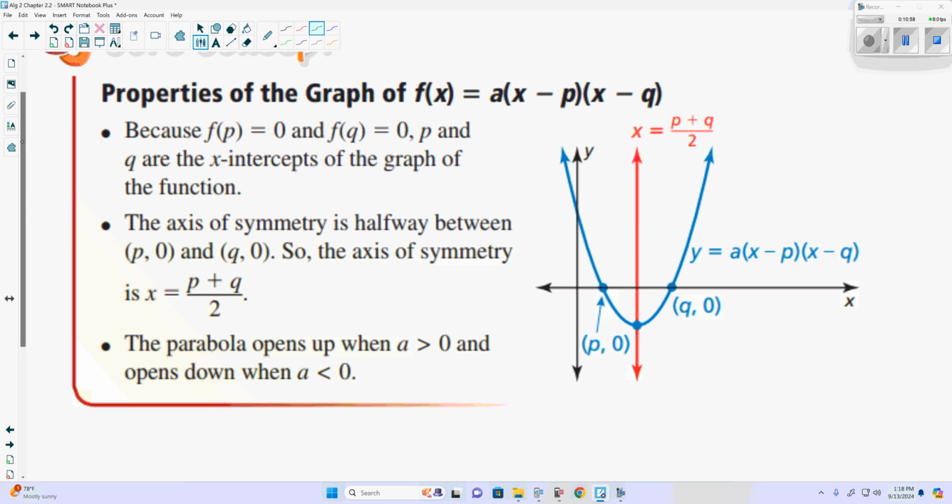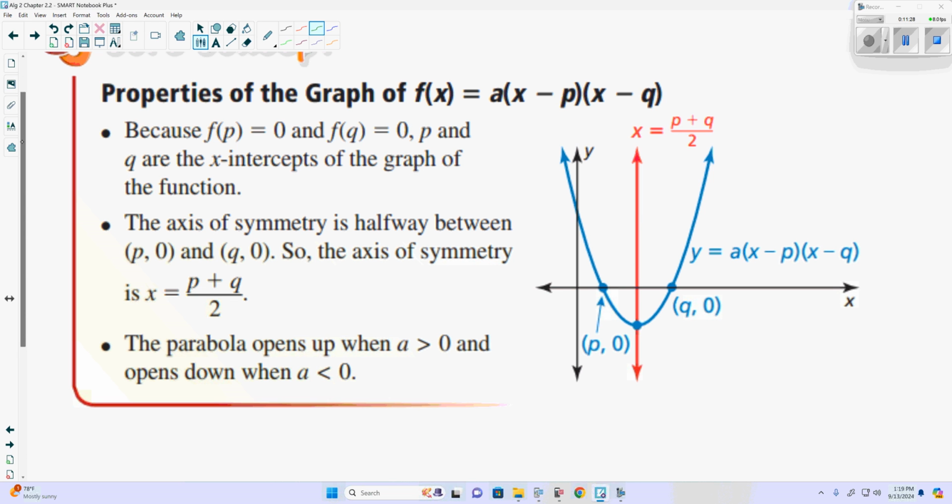So if we know the values of P and Q, we know the x-intercepts. Now, the vertex is given to us by the equation P plus Q over 2, comma F of P plus Q over 2. And the axis of symmetry is x is equal to P plus Q over 2.